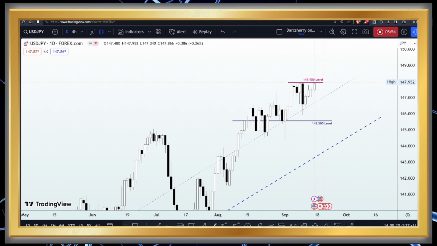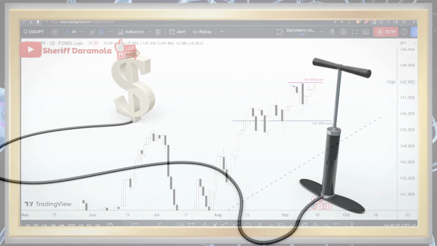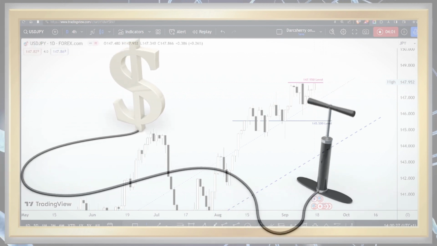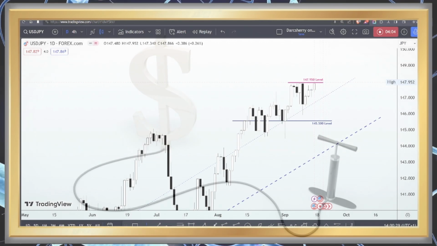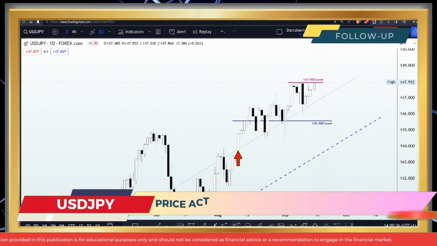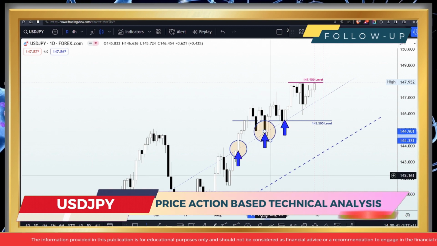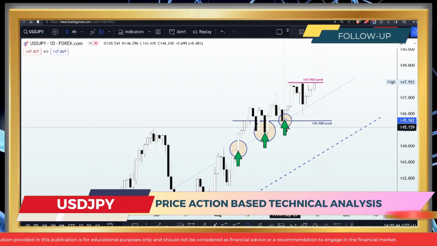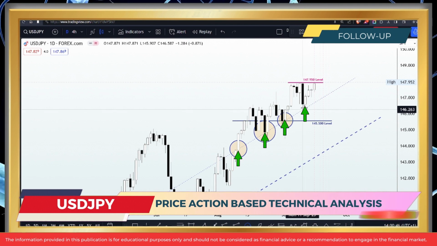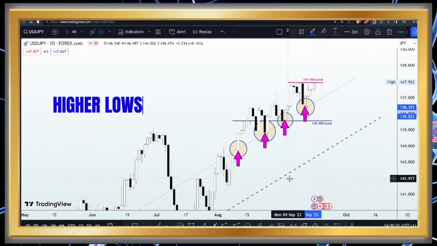Recent developments emanating from the Bank of Japan have tilted the scales in favor of the US dollar, and from a technical standpoint, we find ourselves in a scenario where sellers seem to be gradually losing their grip, as you will see with these higher lows in the last 2 to 3 weeks in this market. Despite this choppy scenario, price has gradually continued to find higher lows in this market.